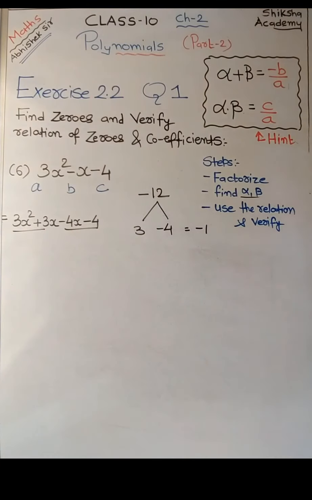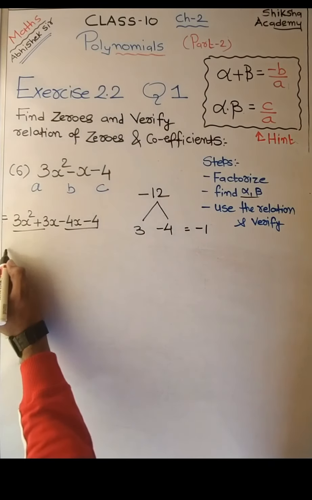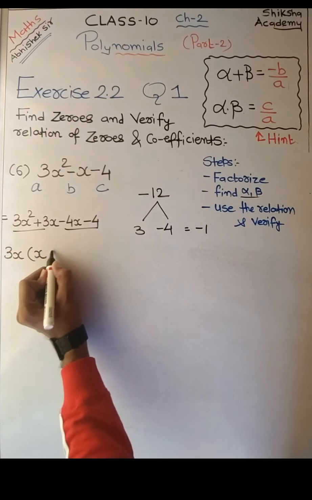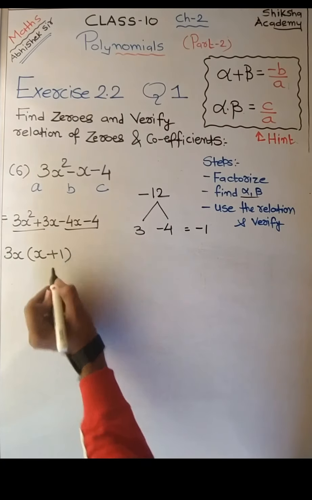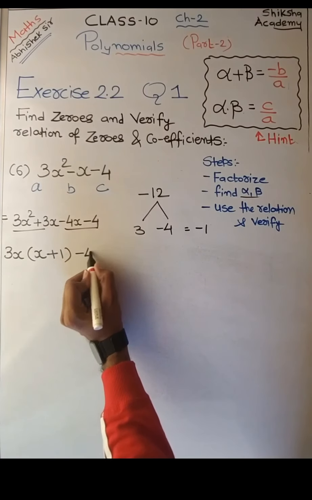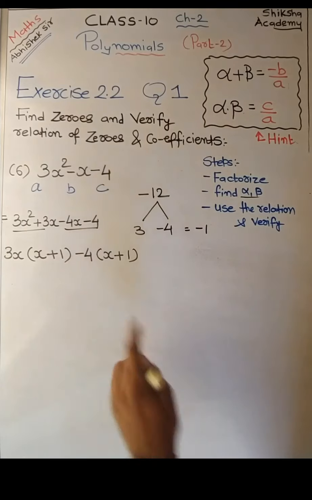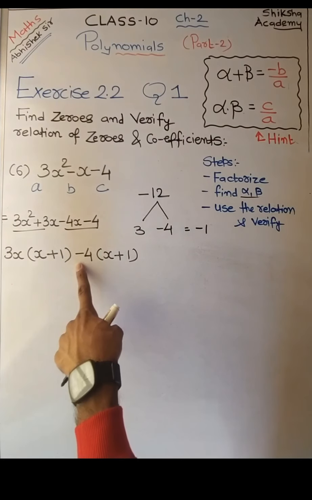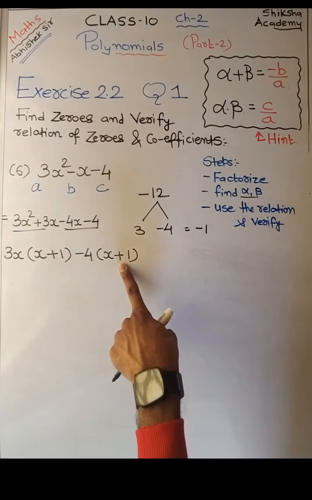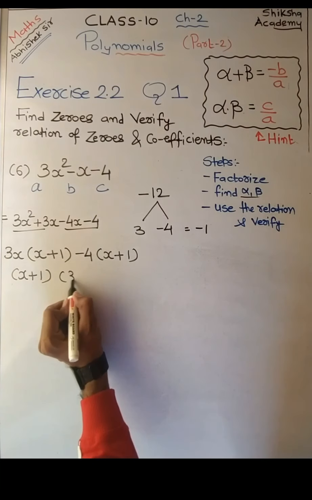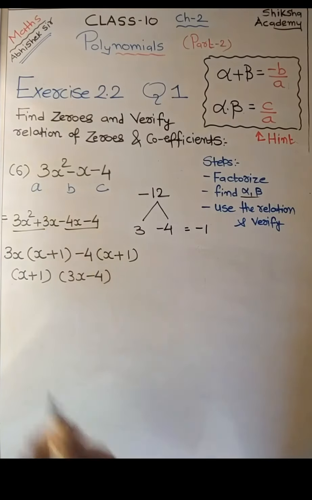So for these two pairs, taking 3x common, we have in the bracket x plus 1. Taking minus 4 common, we have in the bracket x plus 1. Remember, if we take minus common, here plus will remain. Writing the common bracket first, x plus 1, and the other things in the other bracket, we have 3x minus 4.